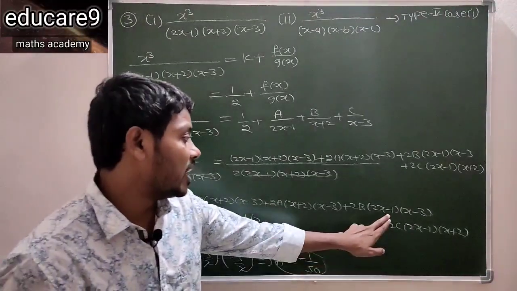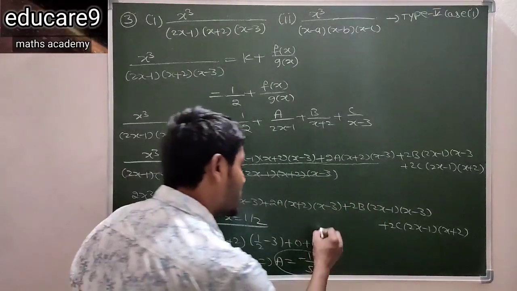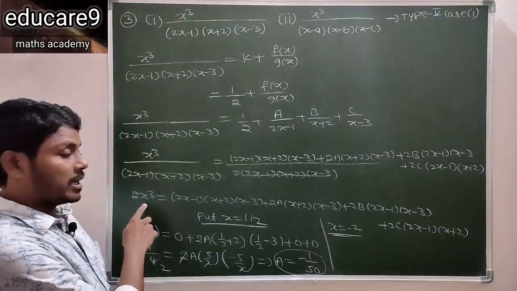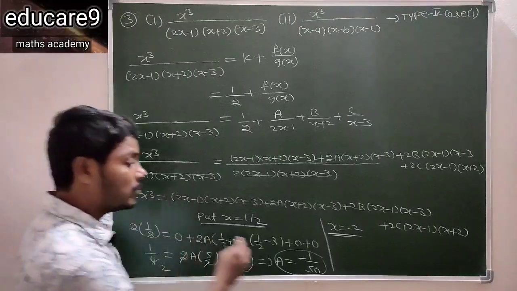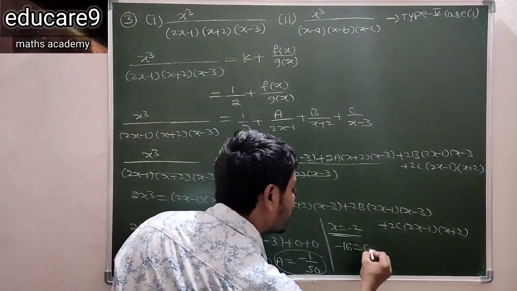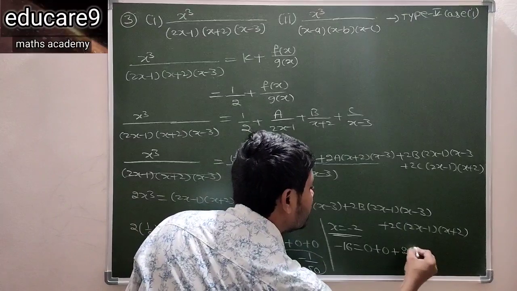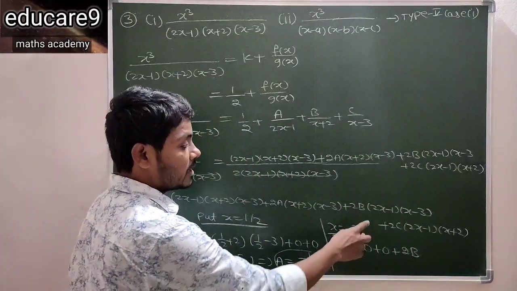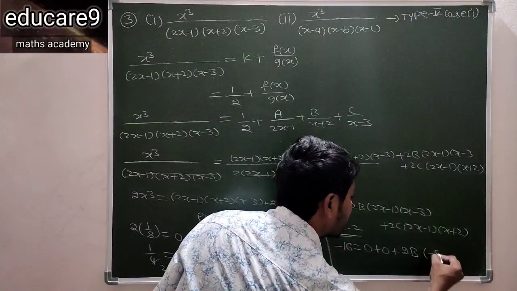Next we need to find the value of b. So for that put x is equal to minus 2. So put x is equal to minus 2, cube that is minus 8 into 2, minus 16, and this becomes 0 plus 0, and this one plus 2b into (2 into minus 2 minus 1), that is minus 4 minus 1, minus 5.